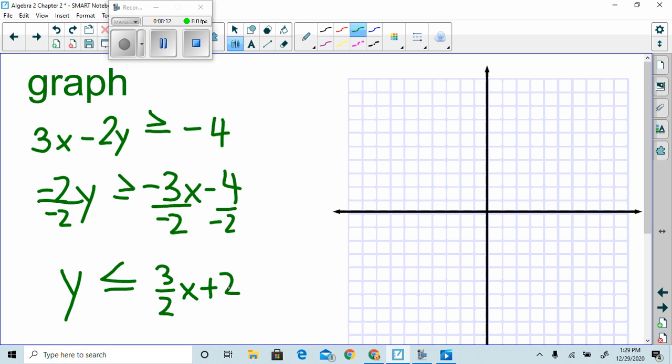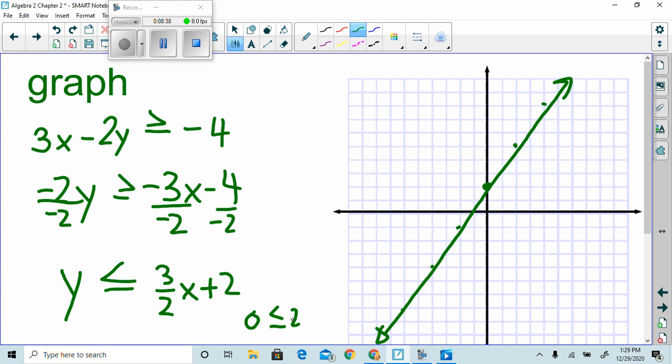Let's start the graphing at positive 2. I'm going to go up 3, 1, 2, 3, and over 2. Okay, solid line. And is 0 less than or equal to 2?